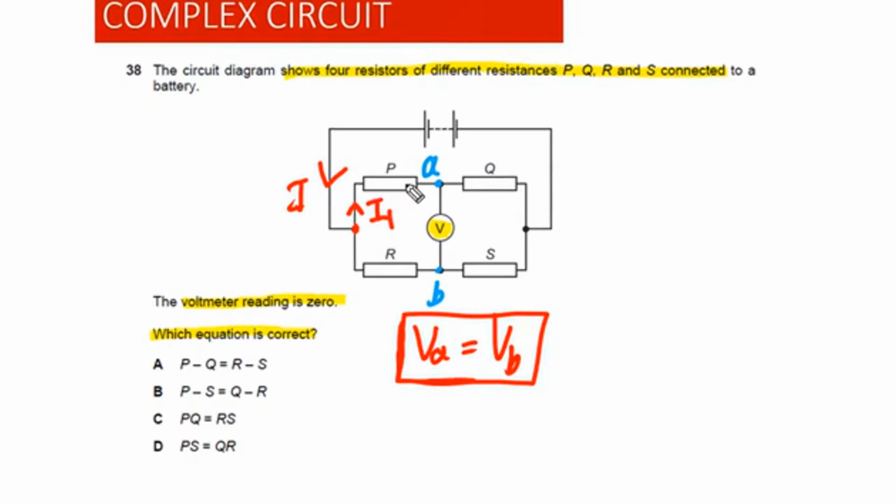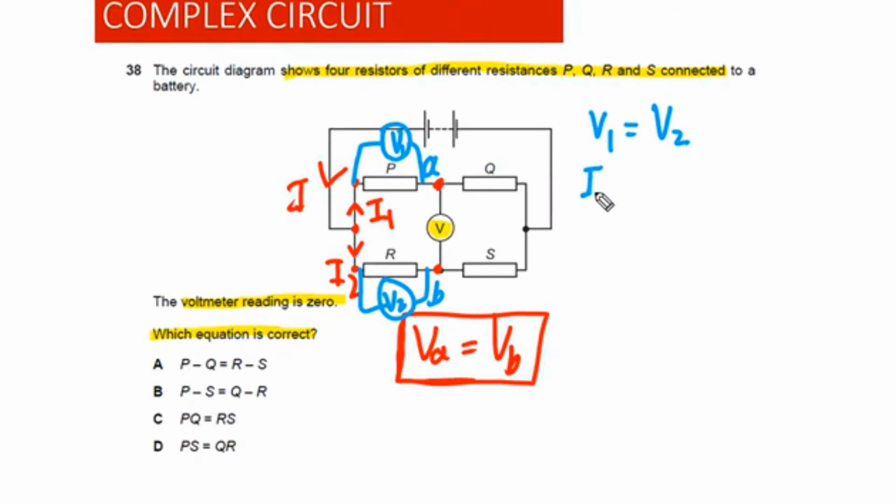Let's say I1 is passing through resistor P and I2 is passing through resistor R. As the potential at A is equal to the potential at B, we can also conclude that if we attach one voltmeter, let's say voltmeter 1 across resistor P, and we attach another voltmeter across resistor R, the reading on voltmeter V1 has to be equal to V2.